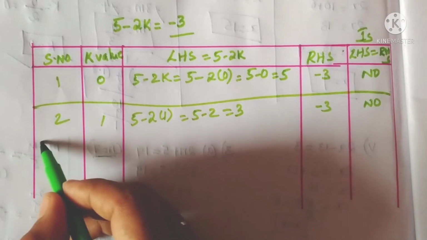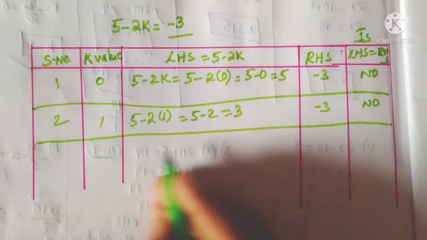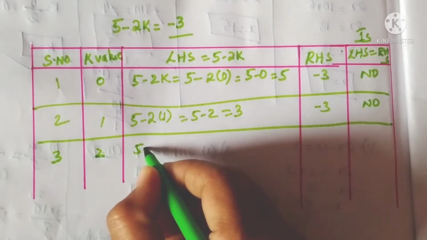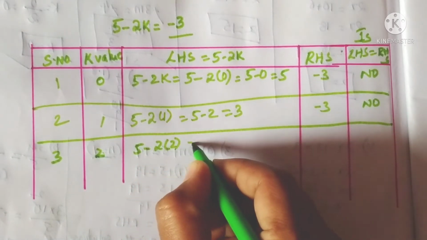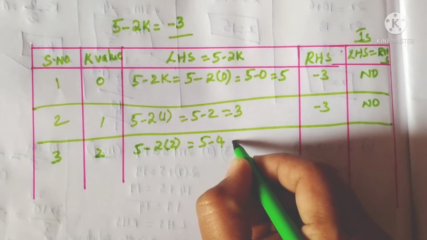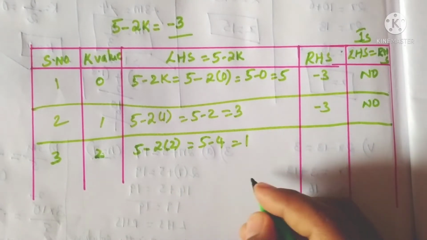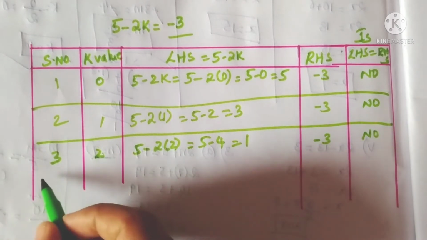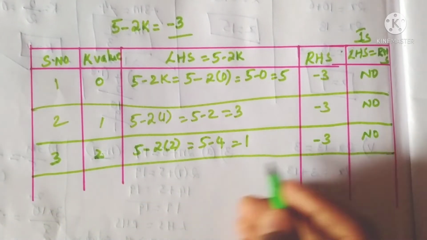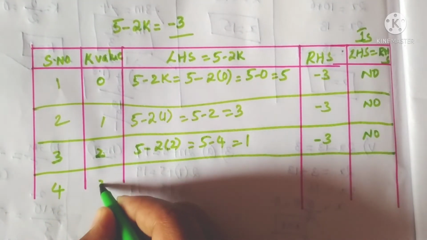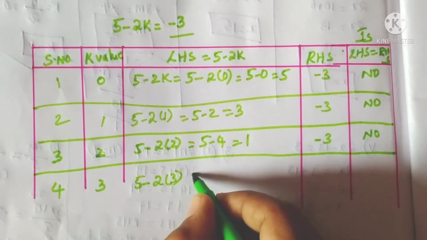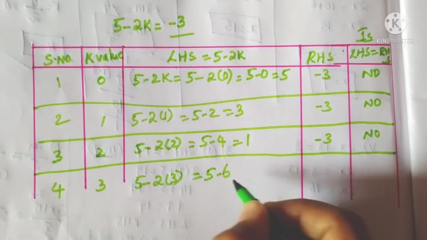No. So again we want to take another value, 2. 5 minus 2 into 2, that is 5 minus 4. 5 minus 4, 1. Is 1 equals minus 3? No. So we want to continue again. So if we take 3, 5 minus 2 into 3, that is 5 minus 6.